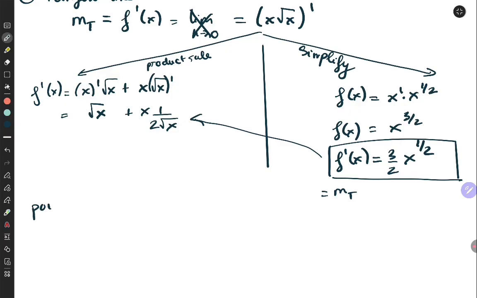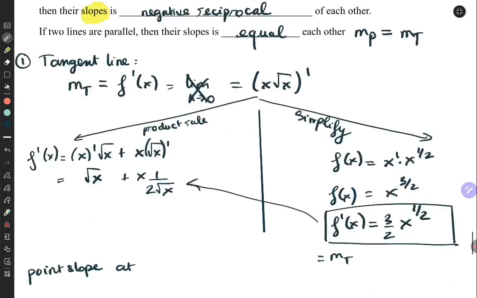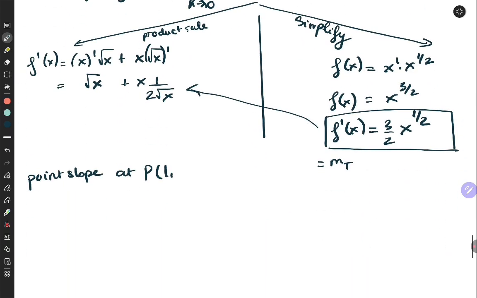So you're going to use the point slope form at, what is the point? 1, 1. P is 1, 1. The point slope is going to have f of x minus f of 1. Actually, let's slow down a little bit. y minus y1 equals m sub t times x minus x1.